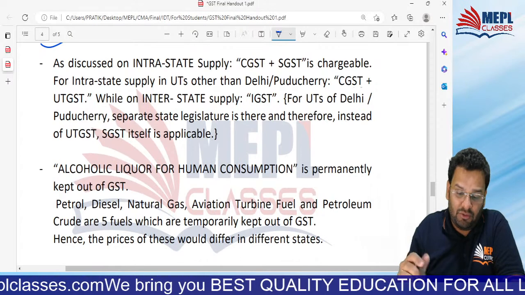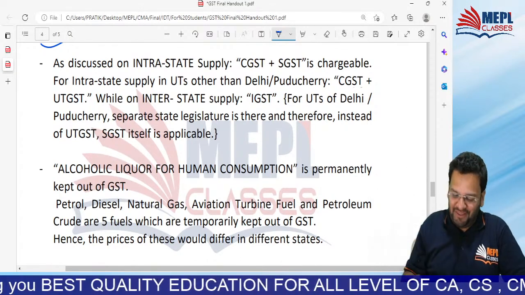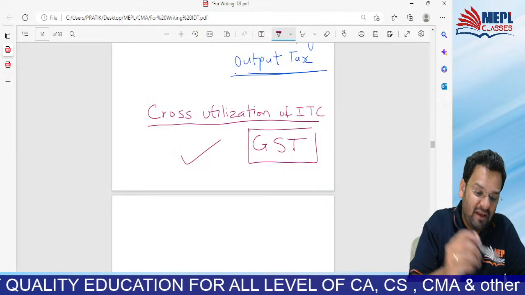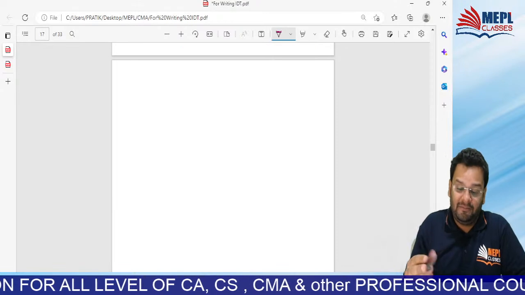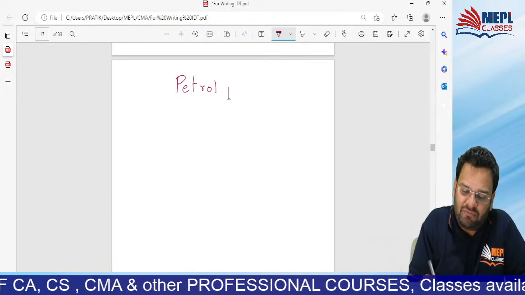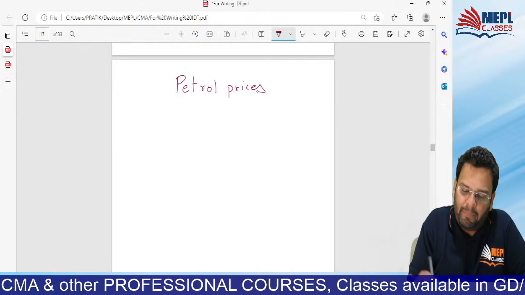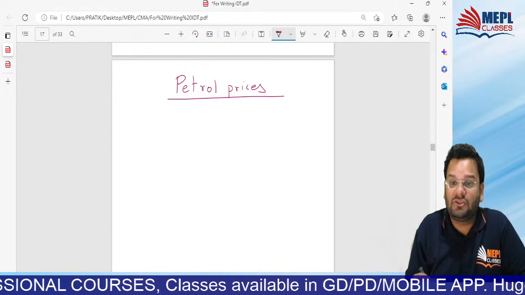Then GST is applicable with effect from 1st July. That you understood. Now, please understand one very critical point I want to tell you. Have you observed that petrol prices across India are different? Yes or no?